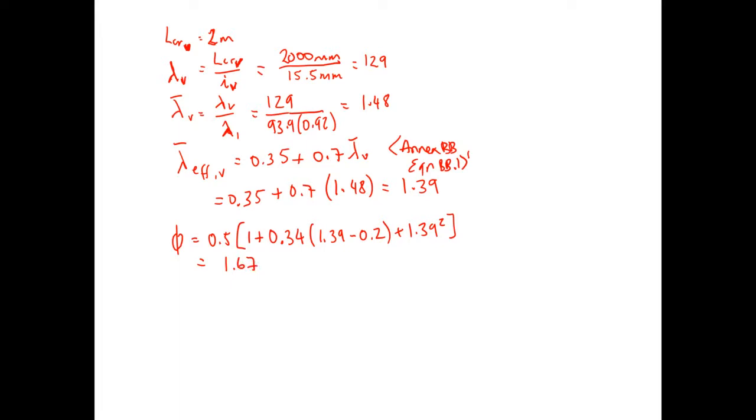And then the reduction factor about the V-axis is equal to 1 over the phi value, which is 1.67, plus the square root of phi, 1.67 squared, minus the non-dimensional slenderness value 1.39 squared. Okay, so I'm just following all the same equations.